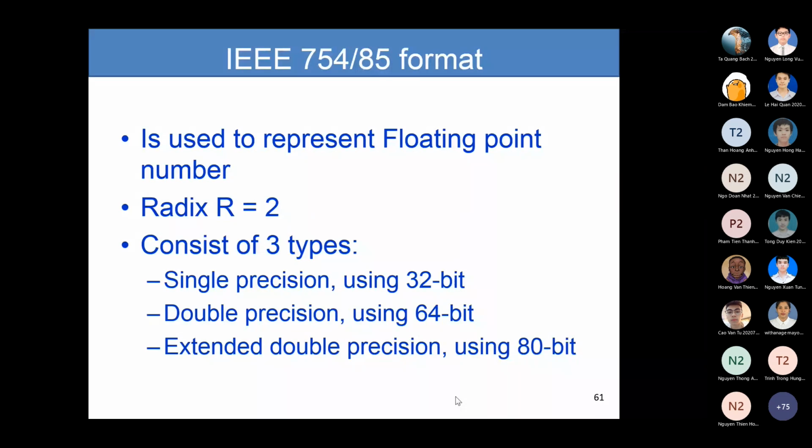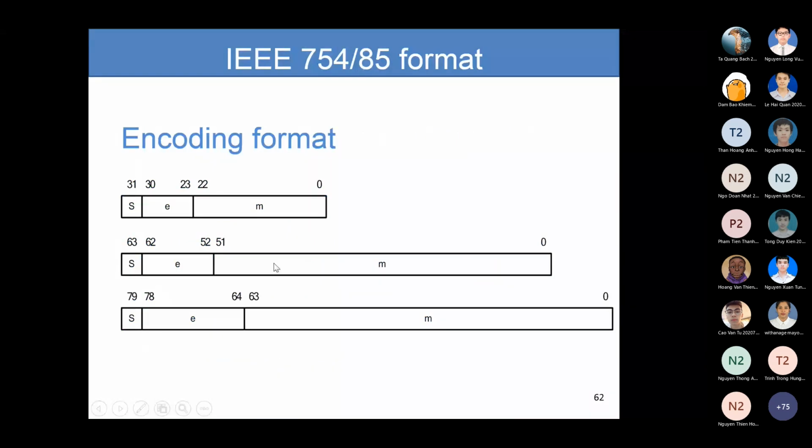Okay, and here is the format of encoding. For the single precision, we use 32 bits, right? And we index from 0 until 31. And the first bit, bit number 31, denoted by S, is used to represent the sign of the real number.